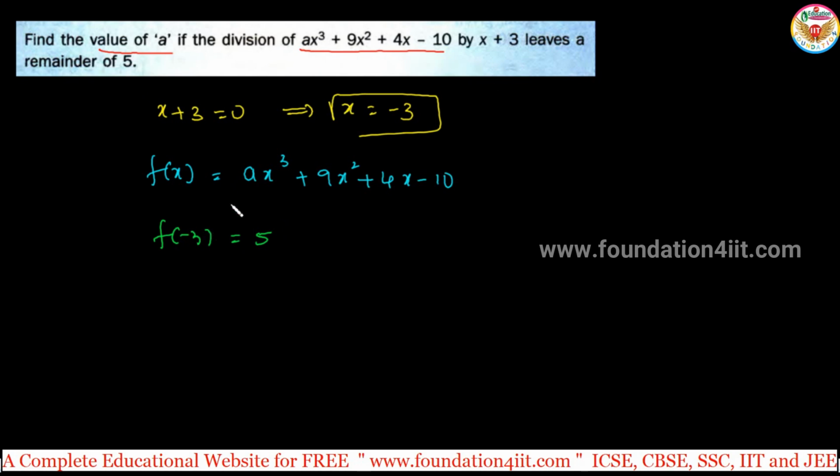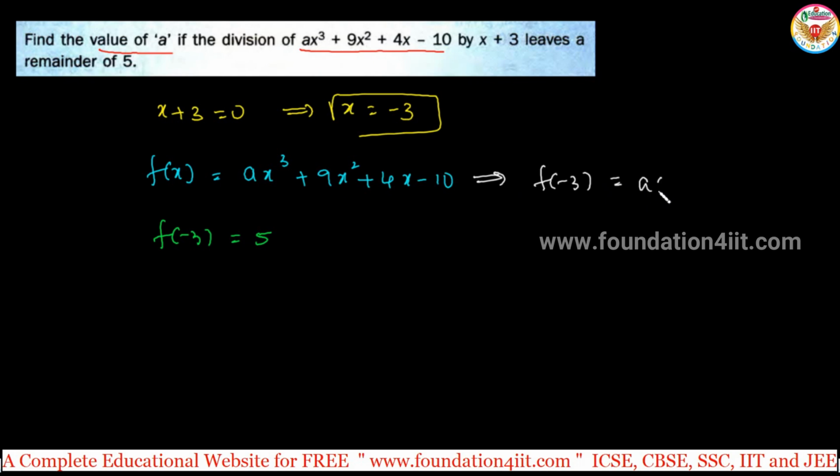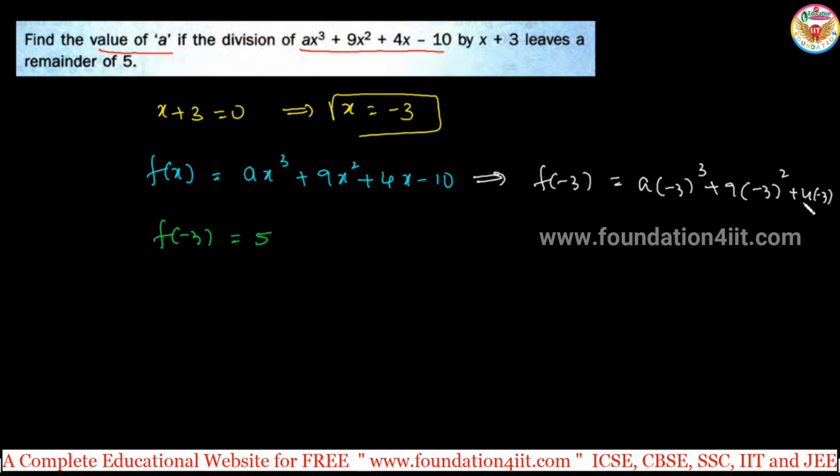The remainder is given. Now wherever x is there you can substitute minus 3. So f of minus 3 is a into x cube, so minus 3 cube, plus 9 into minus 3 square, plus 4 into minus 3, minus 10. So this is the f of minus 3 value and f of minus 3 is 5. The remainder is 5. So based on this we can equate both.